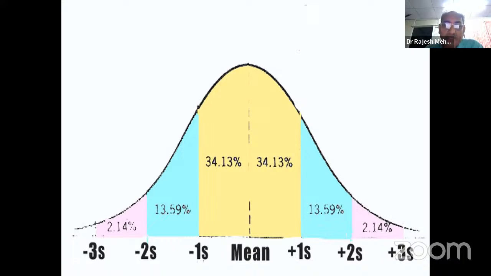Suppose, let me write in the chat box so that everybody is here. I give an example. The mean height of 3 years old children is, let's say, 75 centimeter, and the standard deviation is 5 centimeter.